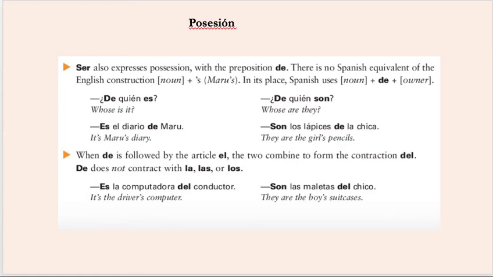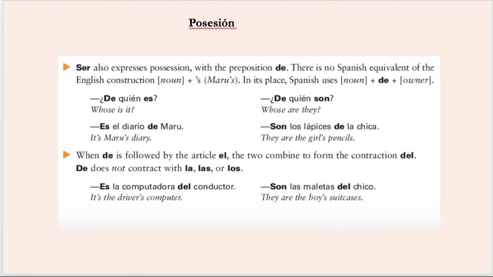Whose is it? Es el diario de Maru. It is the journal of Maru, or diary, I suppose. It is Maru's diary, no? O ¿de quién son? Whose are they? Son los lápices de la chica. They're the girl's pencils. They're the pencils of the girl, literally, no?